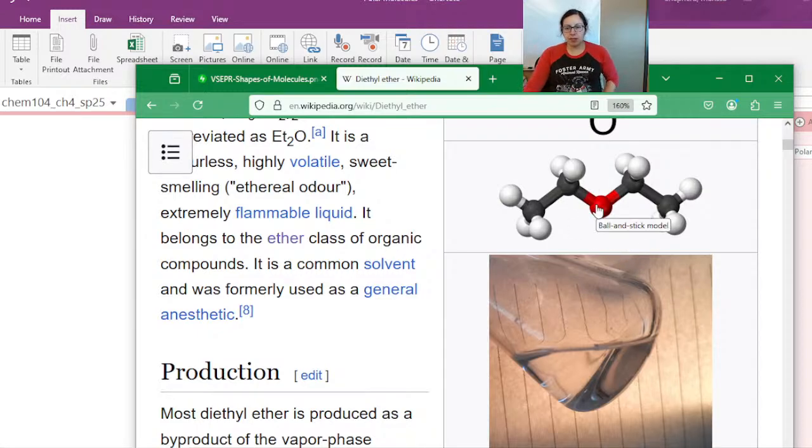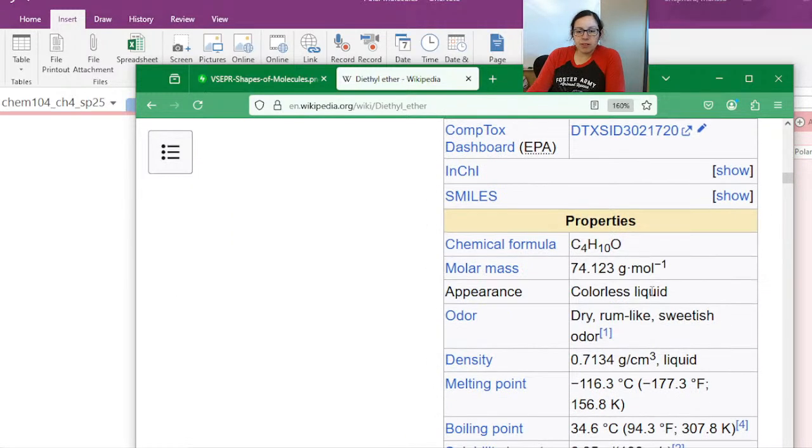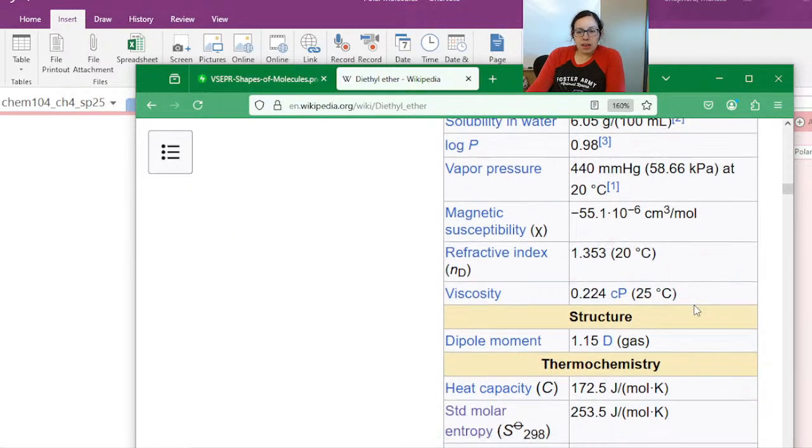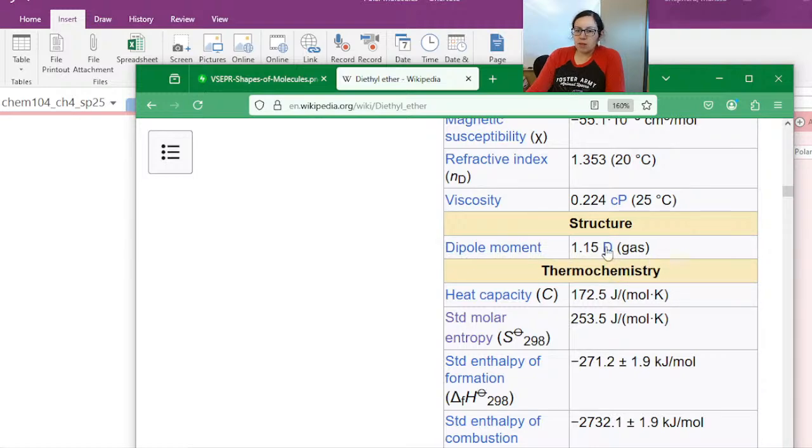So there's diethyl ether. Again, we have oxygen, which is a good indication that something might be polar. It's got those lone pairs. And again, you can check the dipole moment, 1.15. So again, polar there.